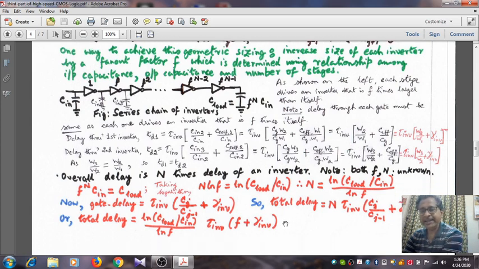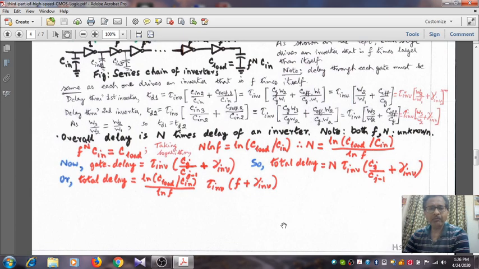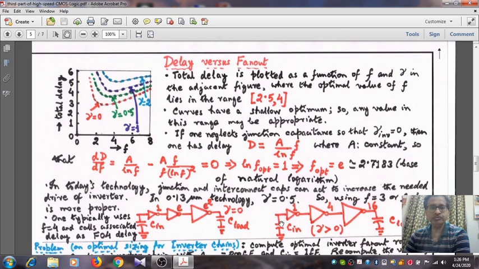In the earlier days, gamma was neglected with respect to the input and output capacitance. So when we write gamma equal to 0, then we can immediately get the solution. What should be the F? Here we show curve plots of the variation of the total delay as a function of F, where gamma is another factor.